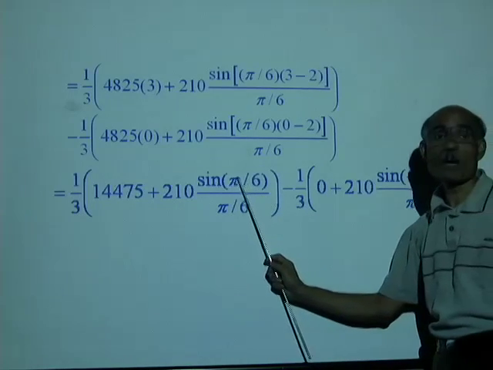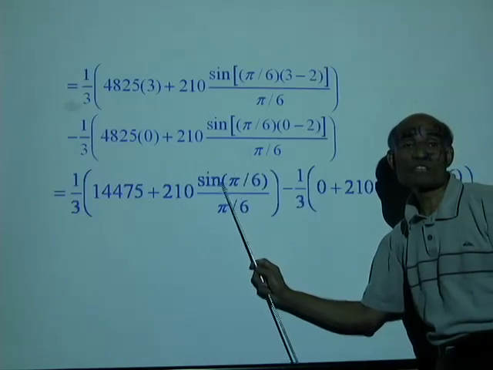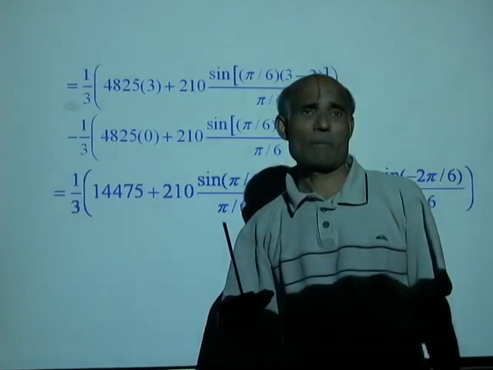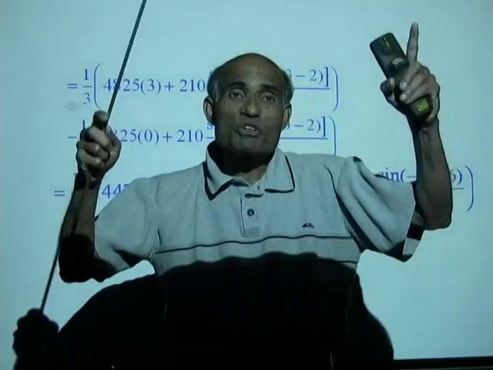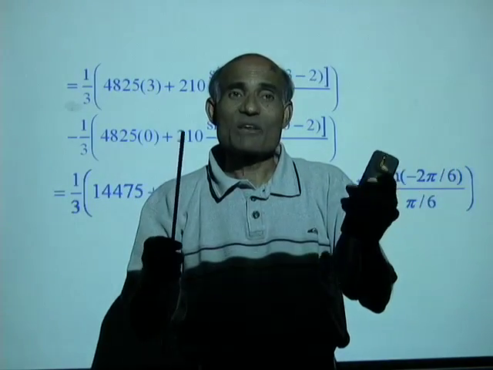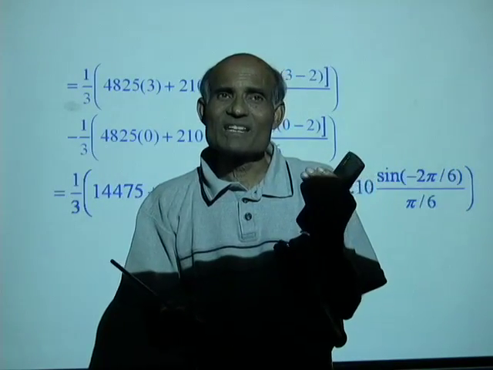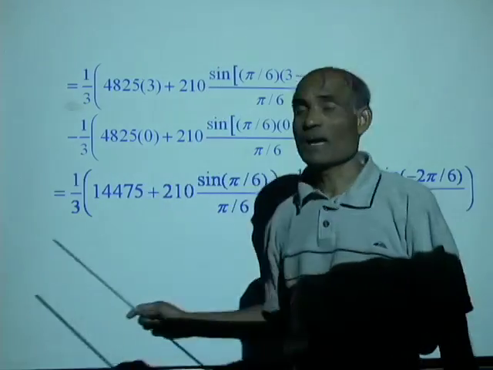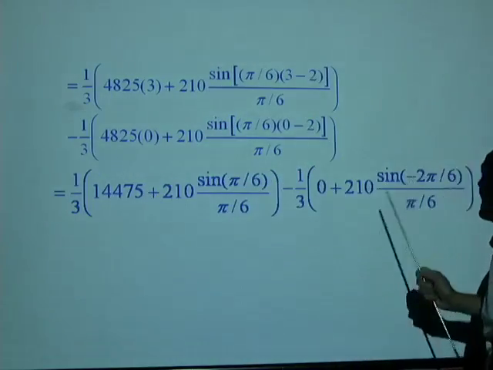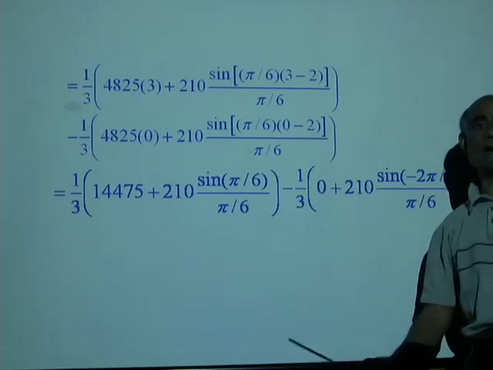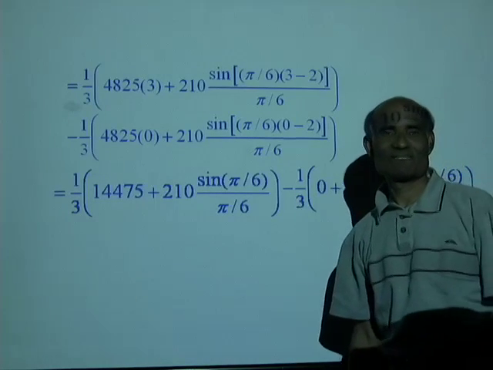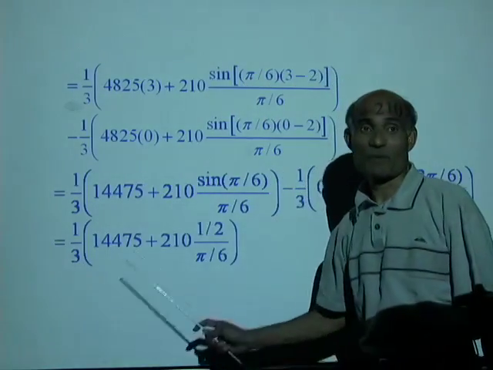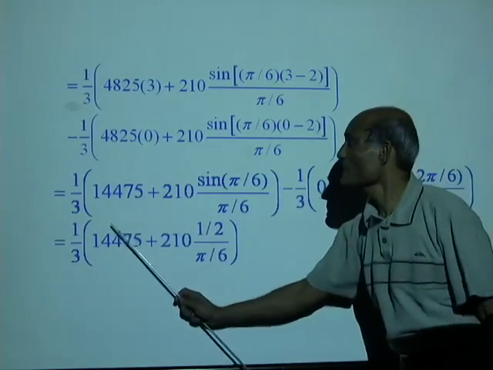I hope you understand this. Alright, we will now look for these values. What is sine of pi by 6? Always keep that unit circle with you. Sine of pi by 6 is sine of 30 degrees, that is 1/2. And what is sine of negative 2 pi by 6? Well, you should be able to do that.